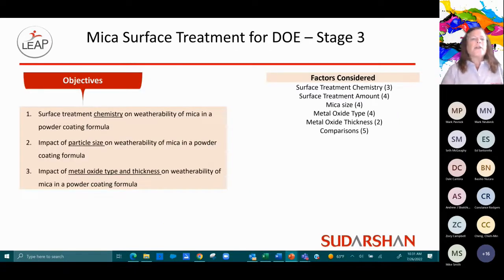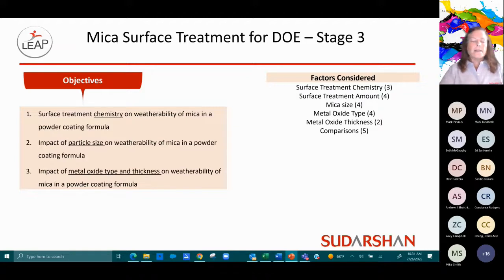So we had 3 objectives. We were taking a look at weatherability in a powder coating formulation. We wanted to understand the impact of the chemistry of the surface treatment, the particle size of the mica, and the impact of metal oxide type and the thickness of that on weatherability.